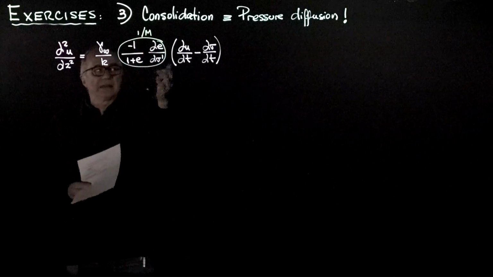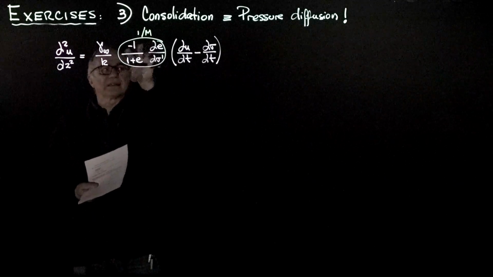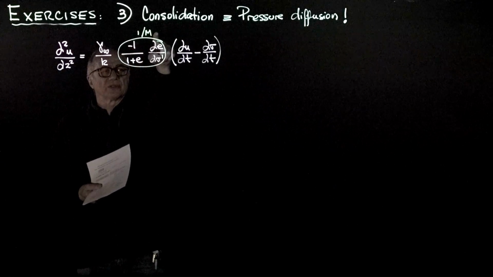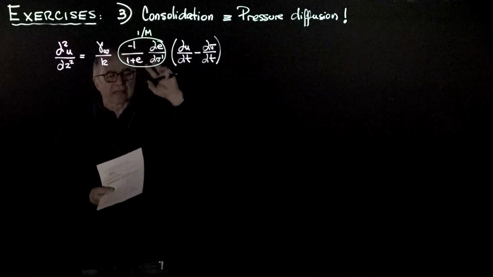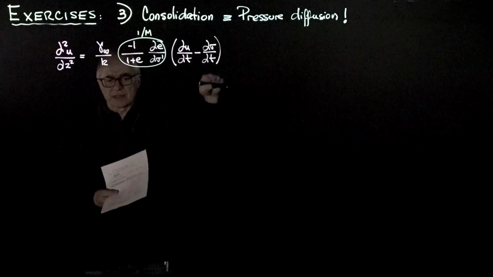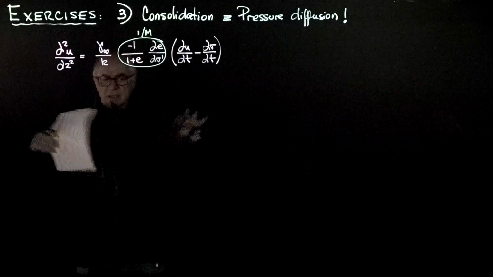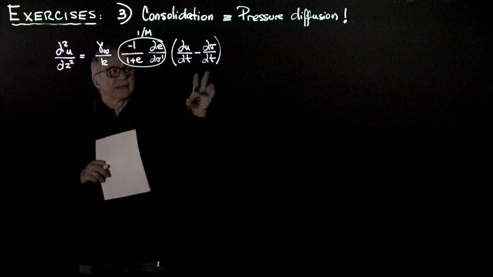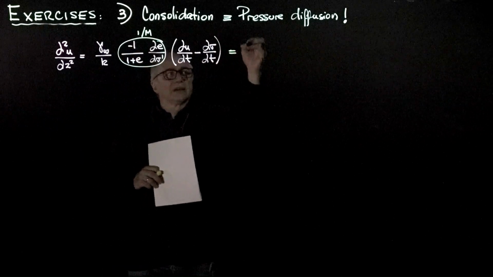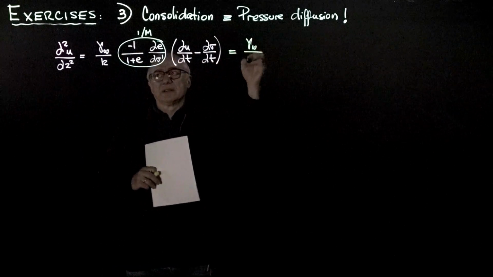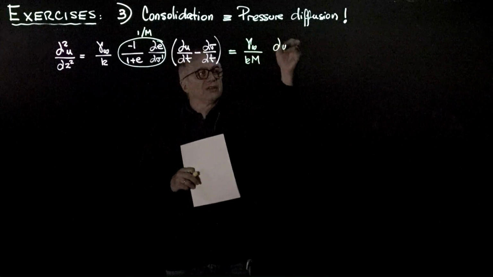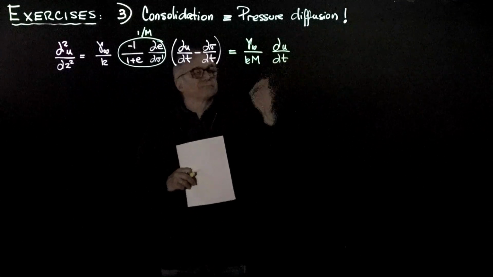This is the permeability. And if we assume that these parameters, permeability and constraint modulus, are constant as the soil squeezes, and if the change in stress that causes all this transient remains constant, in other words, we put the load and we let it evolve, then this term disappears. All this becomes equal to gamma water over the constraint modulus times du dt.